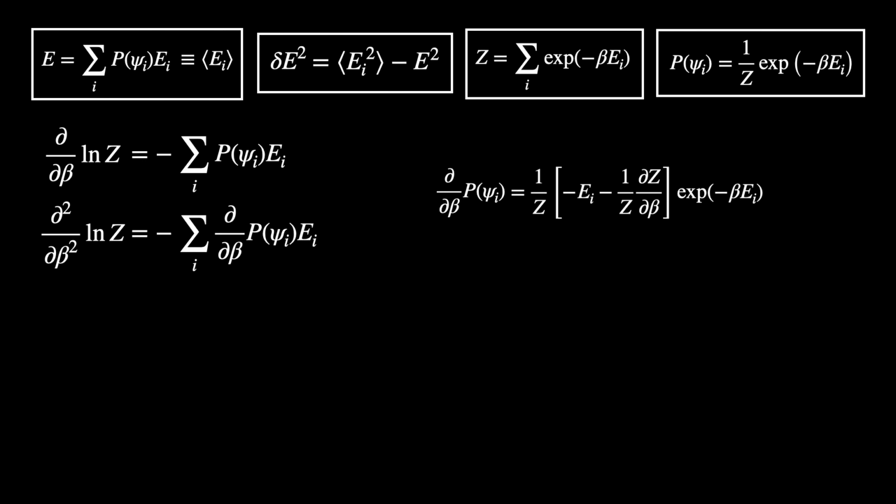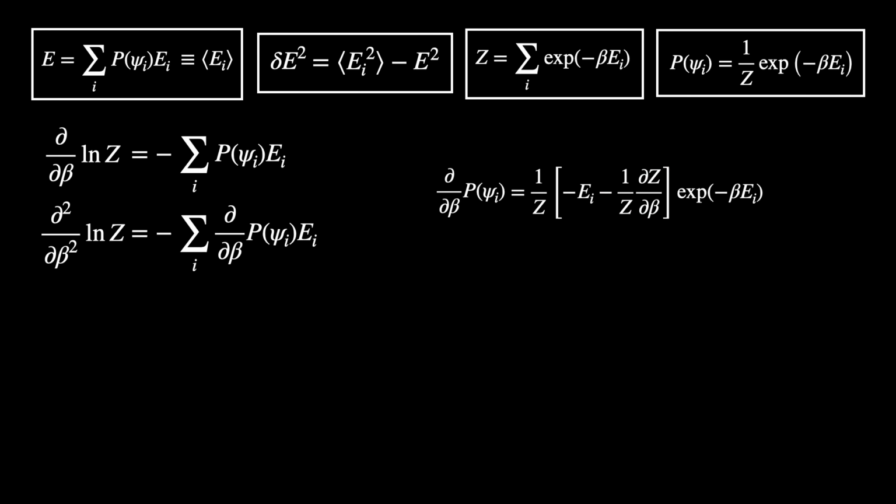The first comes from acting on the exponential of the Boltzmann distribution, bringing down minus E_i. The second comes from acting on Z, which brings an extra power of Z in the denominator and a minus sign, as well as the factor dZ/d beta.